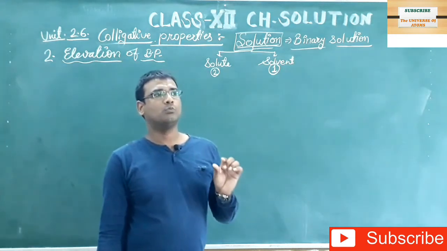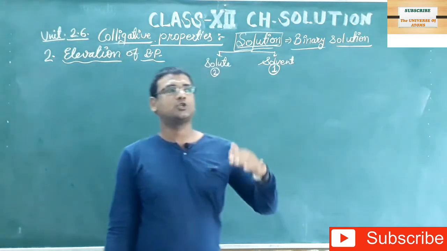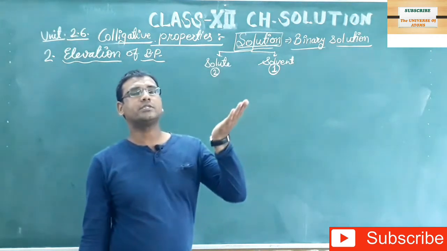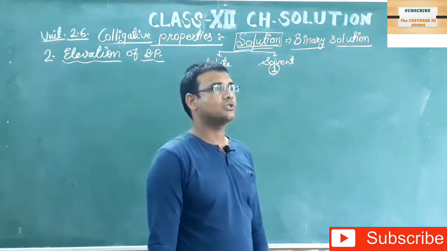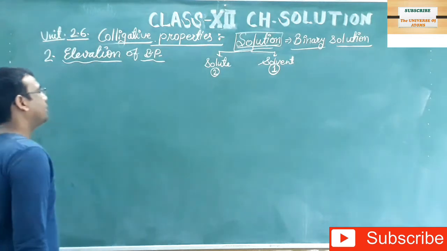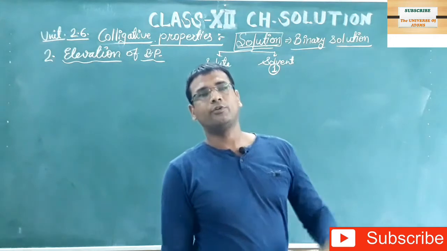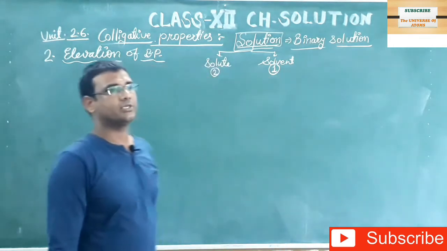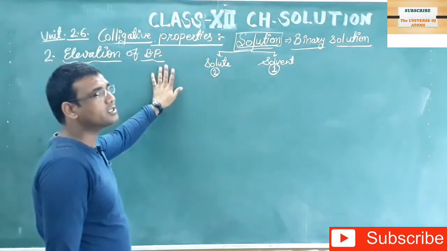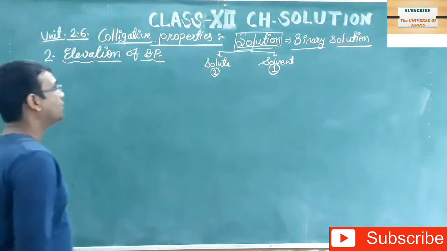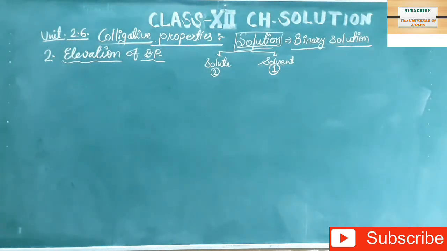Now to boil that solution, we have to increase the vapor pressure to make it equal to the atmospheric pressure, so that it can boil. The difference between the boiling points is called elevation of boiling point. This is the concept of elevation of boiling point.